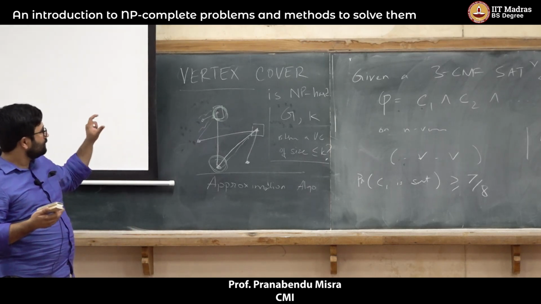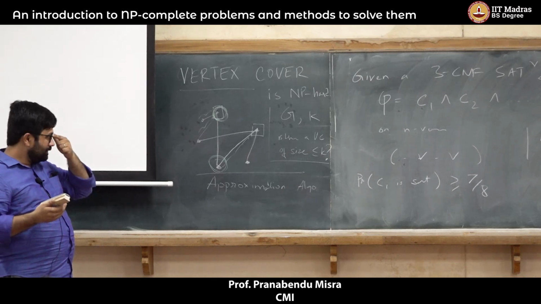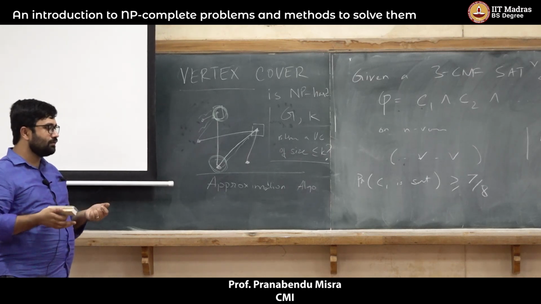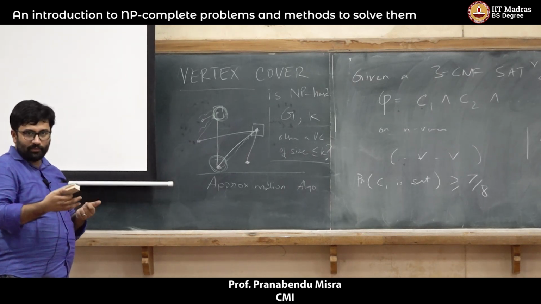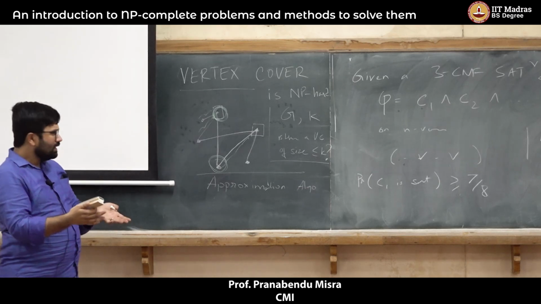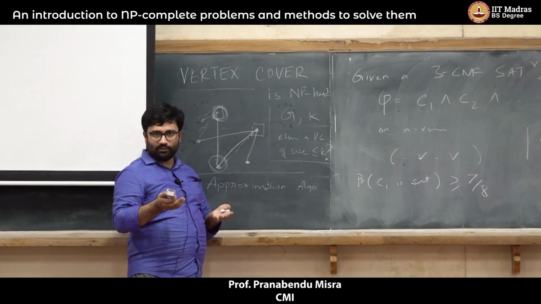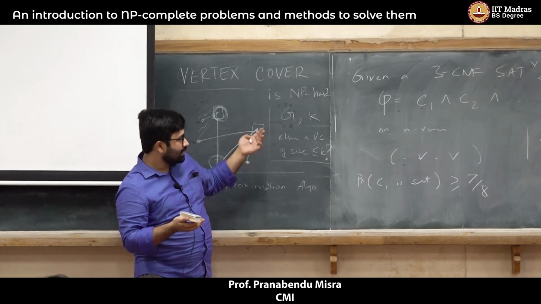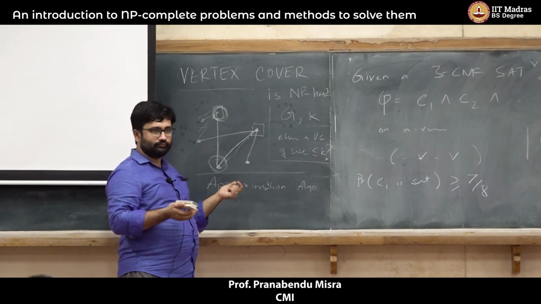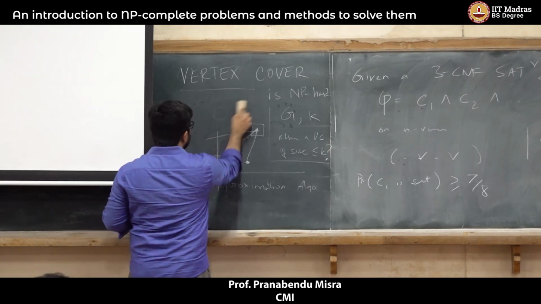You write down an LP for the problem, solve that LP, and then find some clever way of rounding that LP to a solution. Along the way, you also argue using some structural properties that that solution has a good approximation factor. So this is one method.